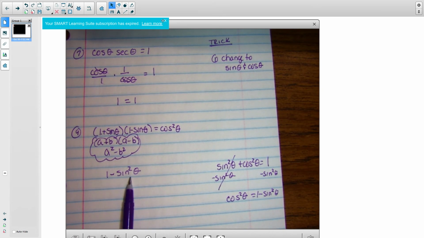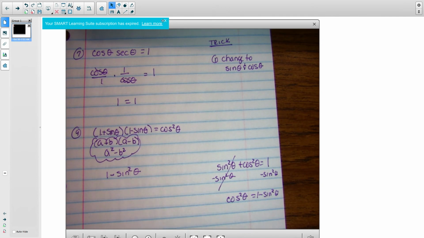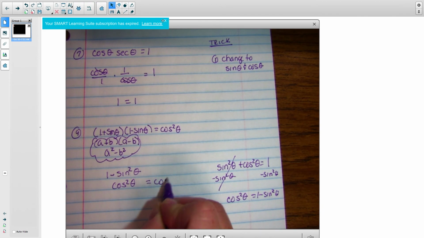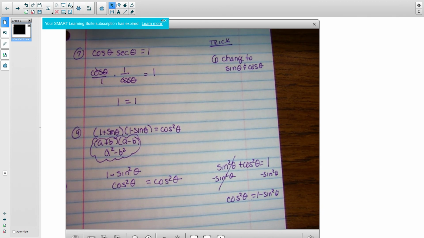So whenever you see 1 minus sine squared or 1 minus cosine squared, your brain needs to go to this Pythagorean identity. 1 minus sine squared is the same as cosine squared. All right, we're going to stop there.